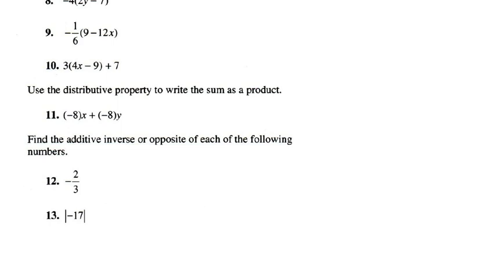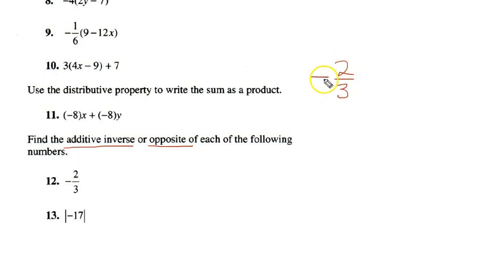Now in these last few, we're asked to find the additive inverse, or opposite, of each of the following numbers. So, the additive inverse is what you would add to something to make it a 0.